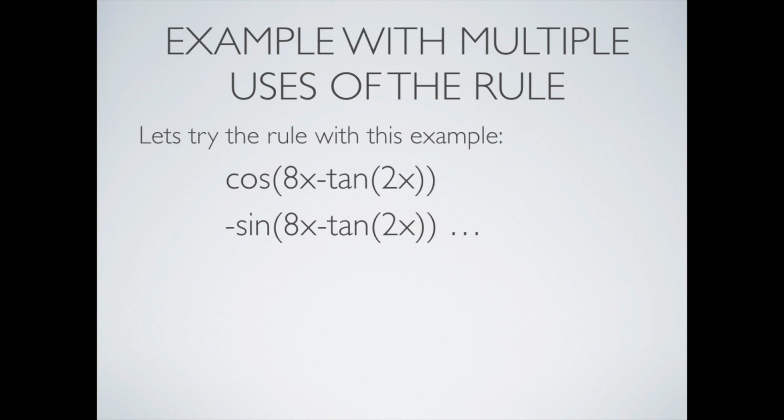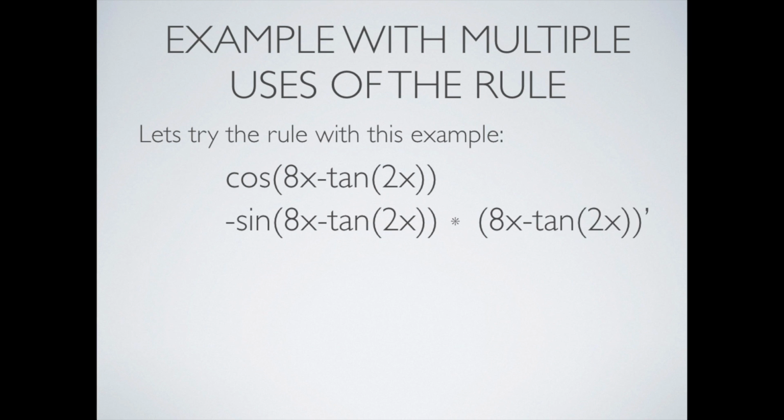And as we've done before, we know that in order to use the chain rule, we have to have respect to the inside and multiply what we have so far by the derivative of the inside. This is where we will use the chain rule for the second time in this problem. Since we are taking the derivative of 8x - tan(2x), we will implement the chain rule where there is a second composition of function, and that is the tangent of 2x.